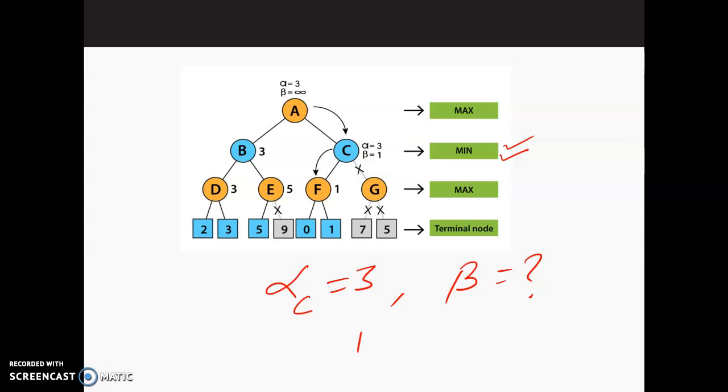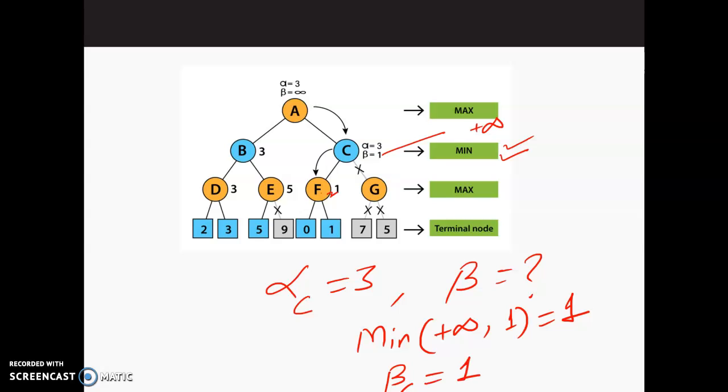Now minimum between, what is the initial beta value? Initial beta value at this node was plus infinite, so we'll take plus infinite. And what is the node value at F? So what is the minimum value? Minimum value is 1. So the new beta value at node C will be 1. So that is why we got 1.